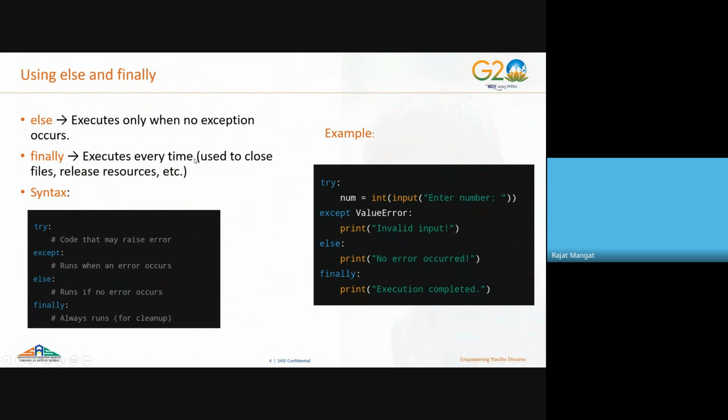Finally executes every time, irrespective of whether the try block is throwing an error or not. This block will get executed every time. Now you might be wondering, sir, what is the use of finally then? If it is getting executed every time, even if the error occurs, even if no error occurs, why are we using finally?